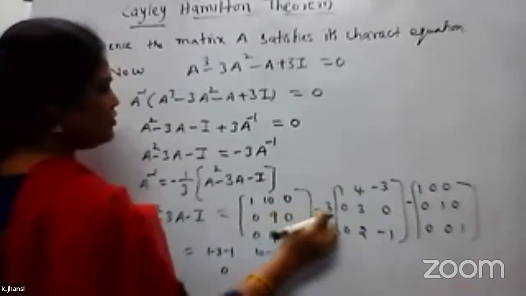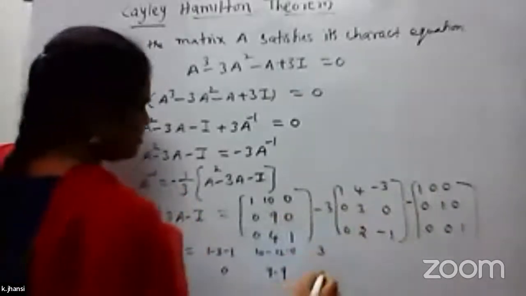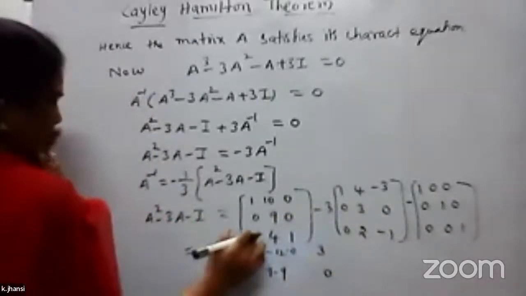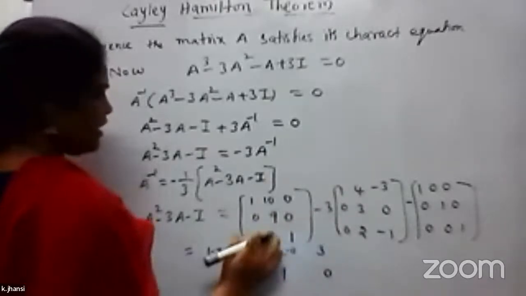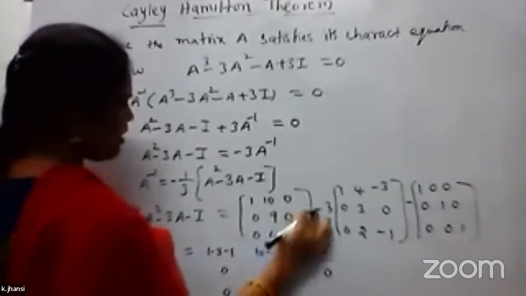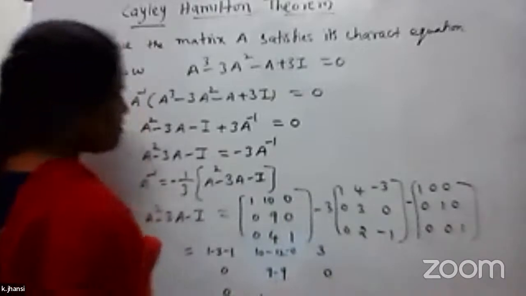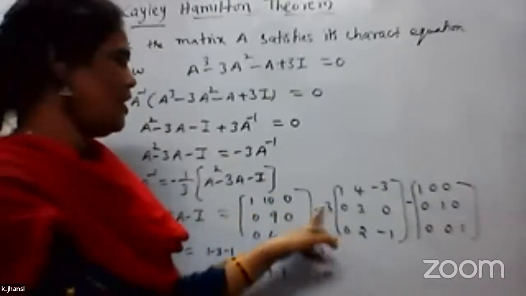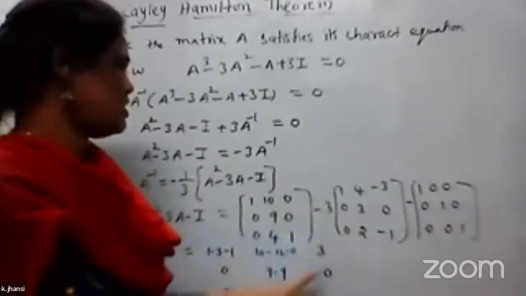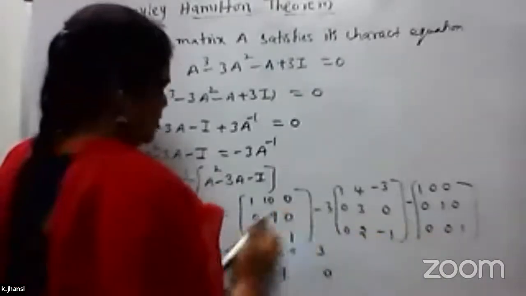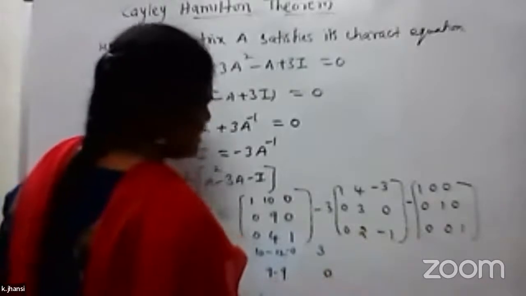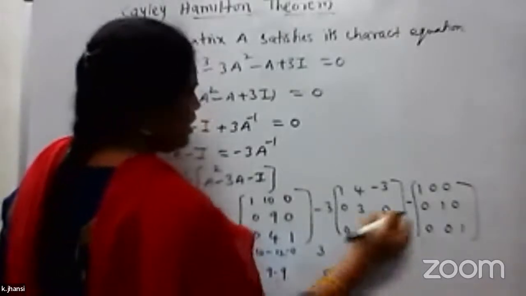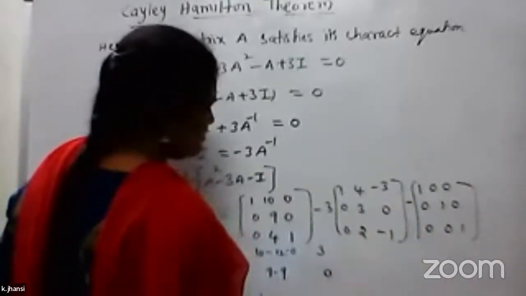Next is 0, this is 0 and that is also 0. Next is 0, 0, this value is also 0. Next 4 minus 6. Okay, here with 3 you are multiplying now, minus 3 times 6 and this value is 0. Next, last term 1, minus into minus plus 3 and here minus 1.